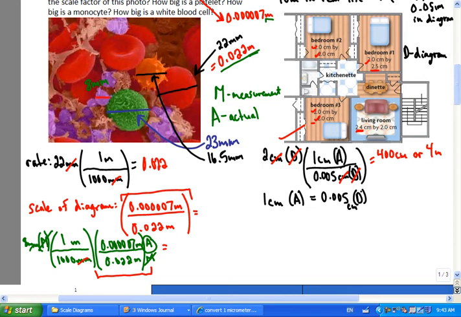So I need to figure out what 2.5 centimeters is. It's this room here that has 2.5 centimeters in the diagram, and 1 centimeter is 0.005 in the diagram.